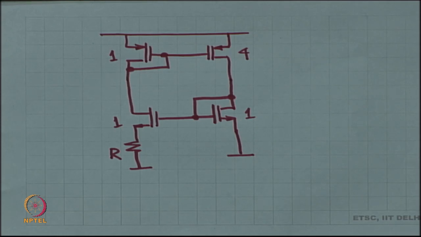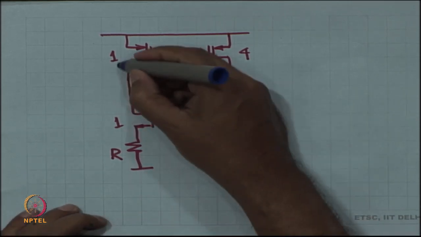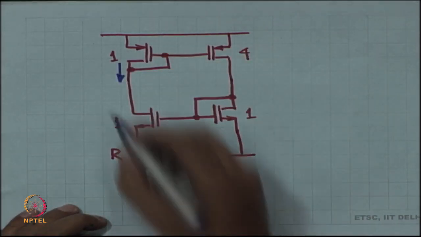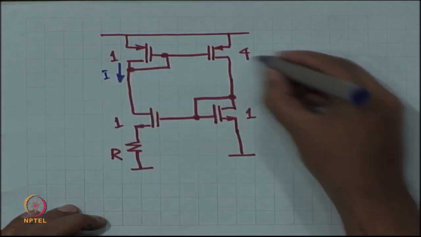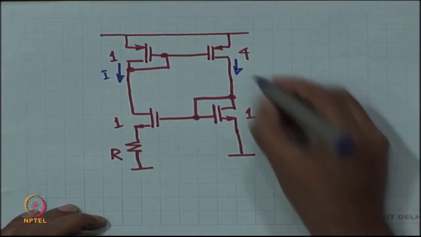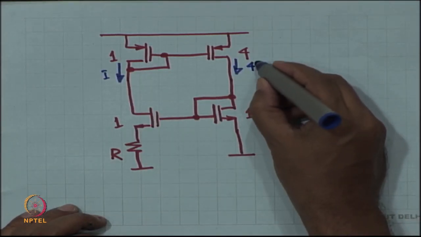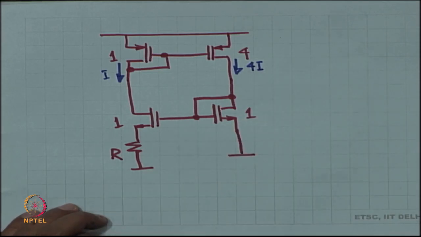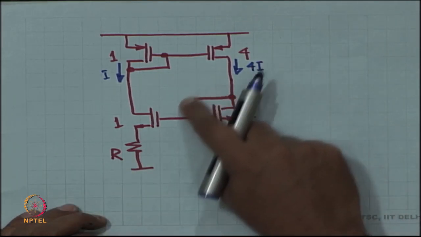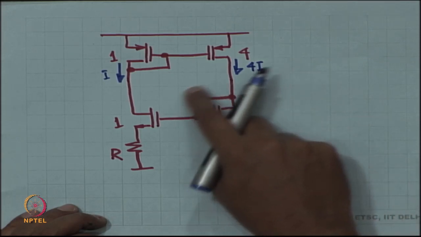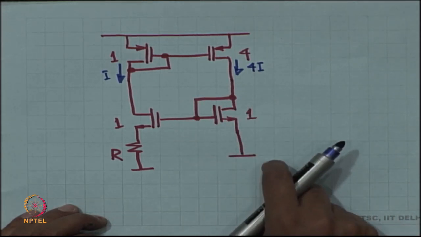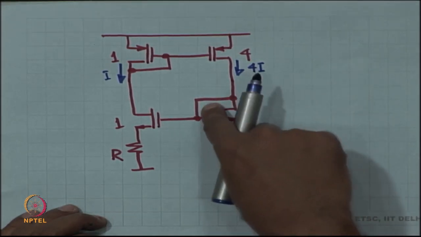How is this going to work? So, let us start with the PMOS. If I have some current over here I, then the current on the PMOS side, on the other side, is going to be 4I. This 4I current, that is the reference current, is going to create some voltage drop VGS, right.